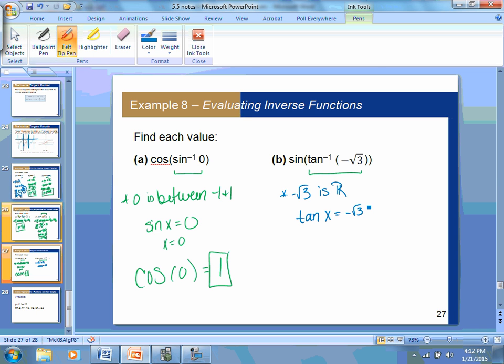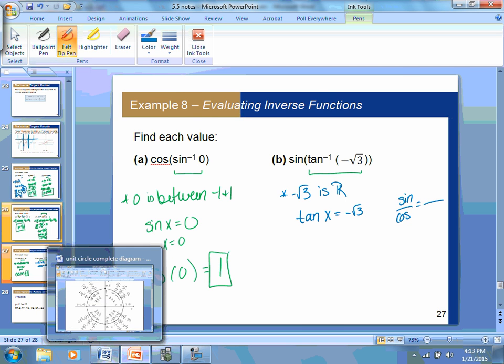So again, I have to think, okay, what fractions from my terminal points, if I put sine over cosine, would get me square root of 3 or negative square root 3? Okay. So I need to think, okay, sine over cosine. What fractions do I need so that it all reduces down to the negative square root 3?